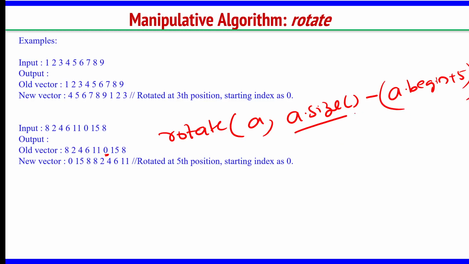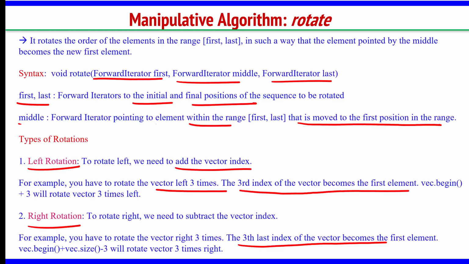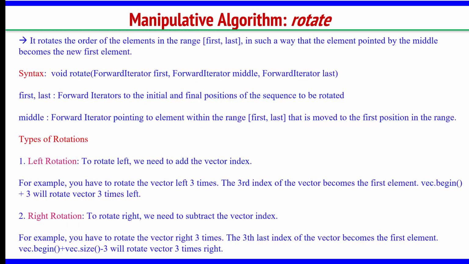Till here, that one I want to make first. So it becomes rotate left in that case, and A plus n as usual. Because this number 5 is given as input to rotate. So this is about the important function, the rotate algorithm. We can do left and right rotates, a very powerful algorithm in STL.